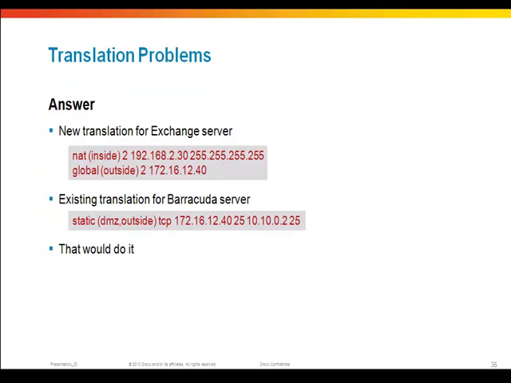The 8.3 NAT has been changed completely. Most of the customers are still not on 8.3. Everybody is on 8.2, so we're not covering the 8.3 NAT scenario here. Just in case people are running 8.3, these commands do not apply. I just want to mention that.